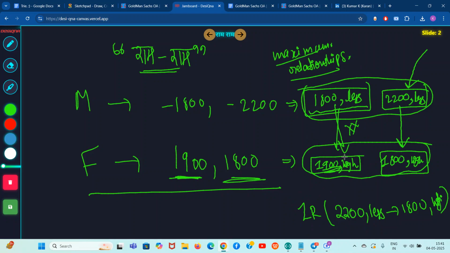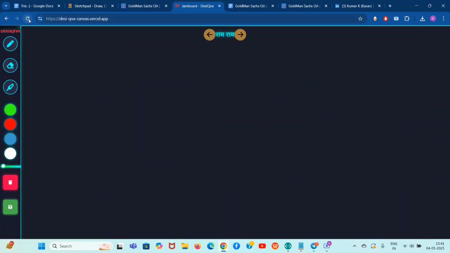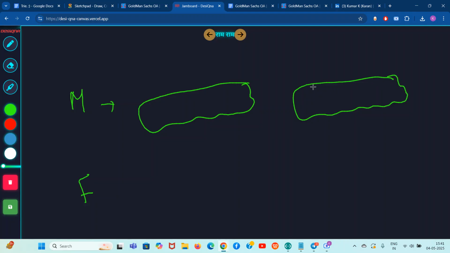Now, what is the intuition? Let's say you are given a male array and a female array. Guys, only two types of values are possible, right? Let's break the male array into two sets, the P1 set and the P2 set. P1 values are positive values.